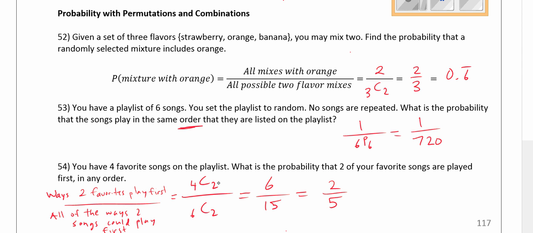So 4C2, there's 6, and then all the ways 2 songs could be played first, well, all 6 songs, and how many ways could 2 of them be the first 2 to go? Right, and it wouldn't matter which of those 2 played first and then second, but we want to know how many different ways 2 of your favorites could potentially be played first, and so we have to do 6C2. 6 over 15, I can reduce that to 2/5. I could also show that as 0.4 or 40%.